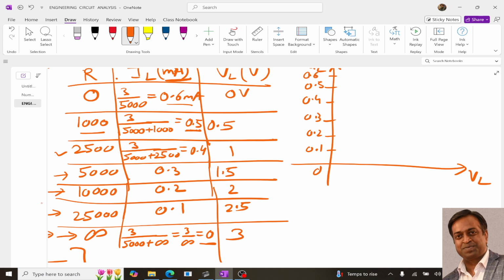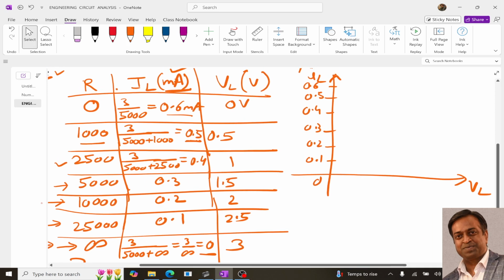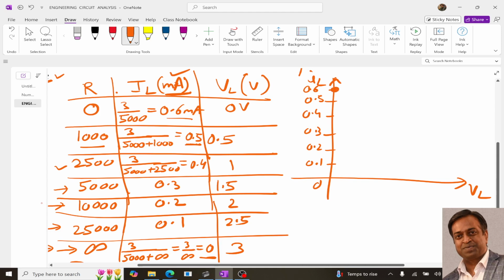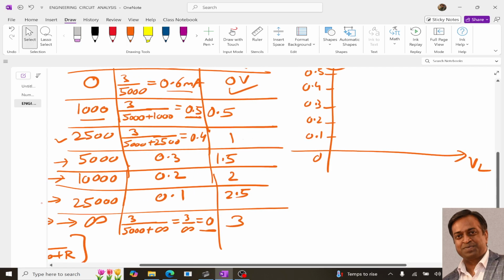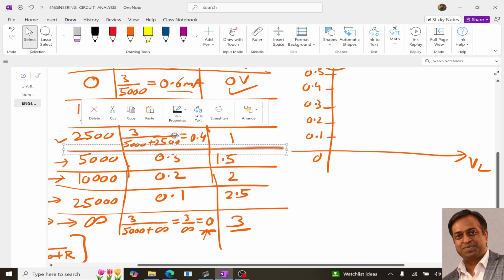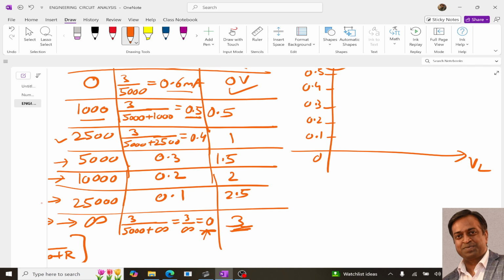And at 0.6 the voltage is 0 volt. At 0 current, the voltage is 3. So 1, 2, 3. At 0 current, voltage is 3.